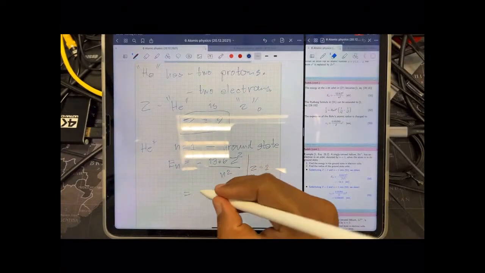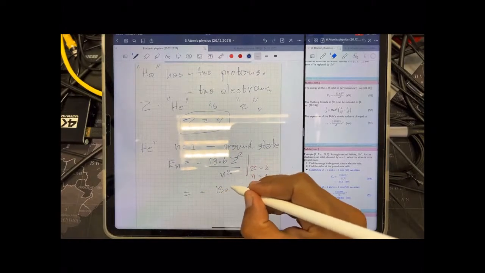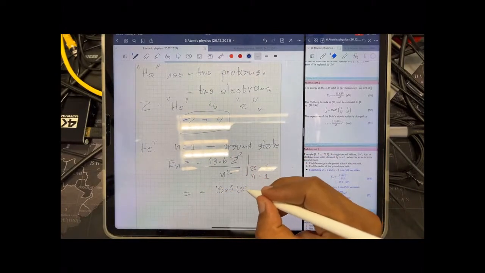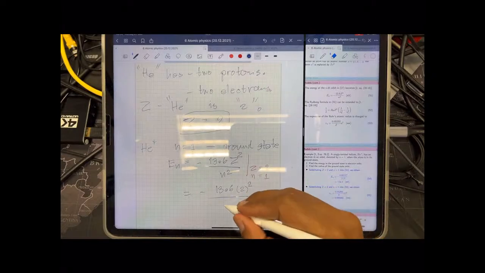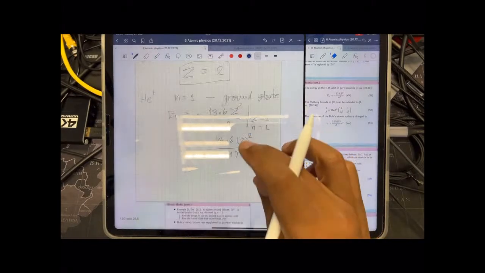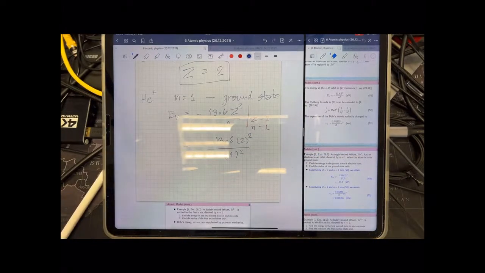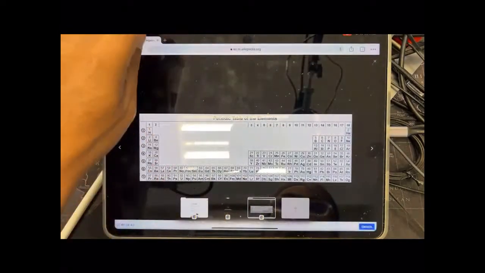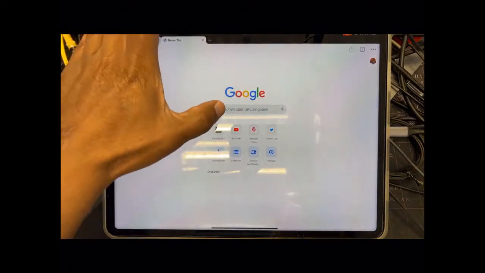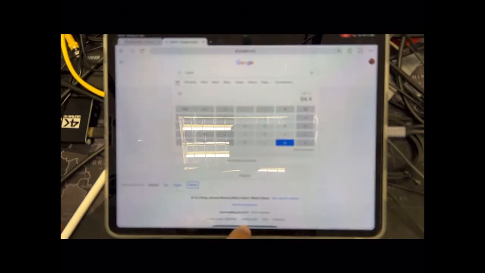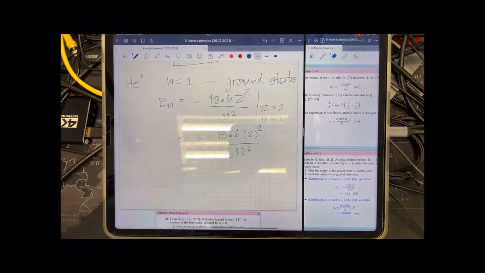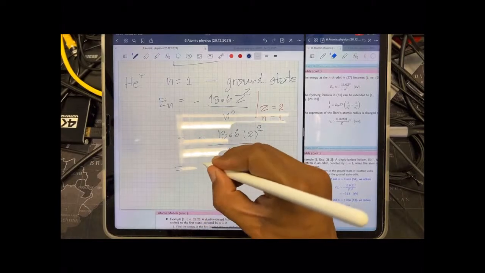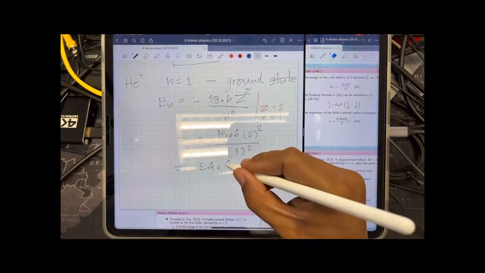Then you will see minus 13.6 times 2 squared divided by 1 squared. You just compute it, right? It's going to be 13.6 times 4, which is 54.4.